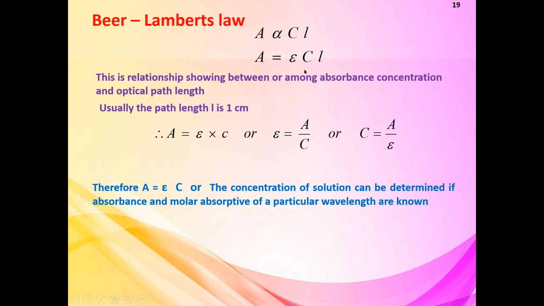So with the help of this formula, it is possible to calculate epsilon, that is absorbance divided by concentration, when L is equal to 1 centimeter.